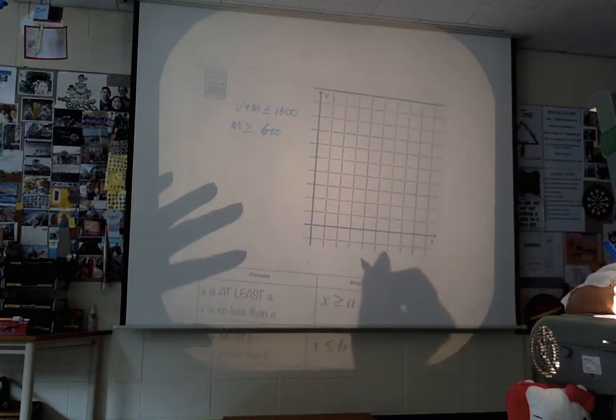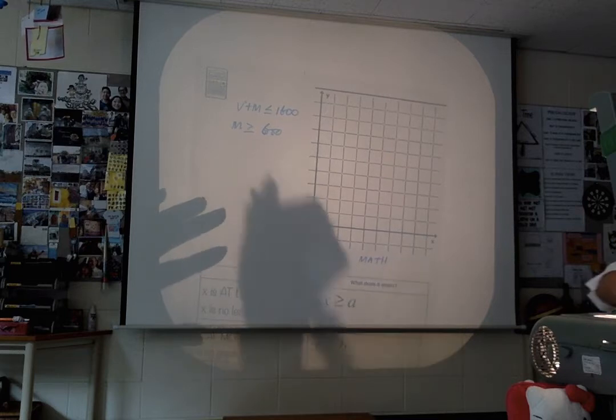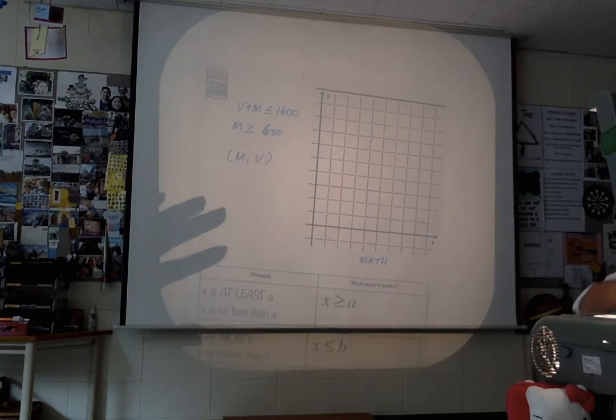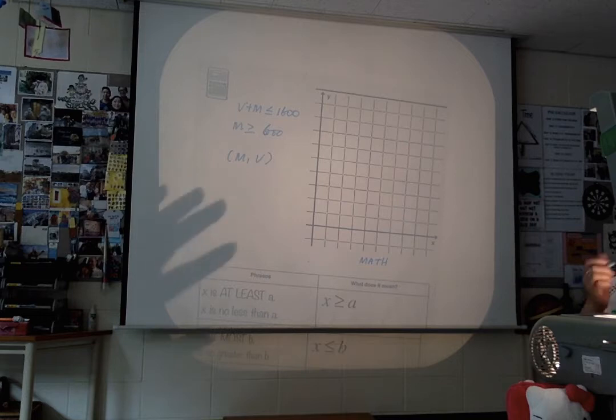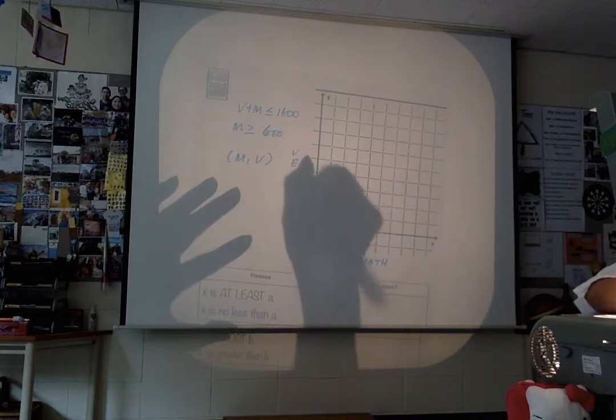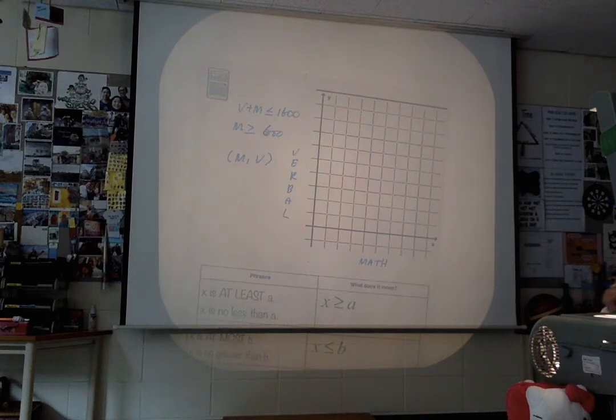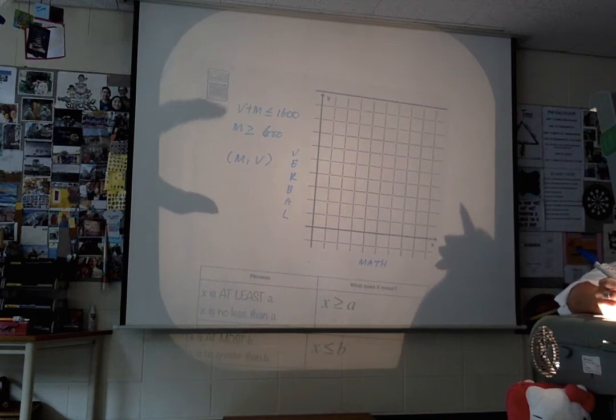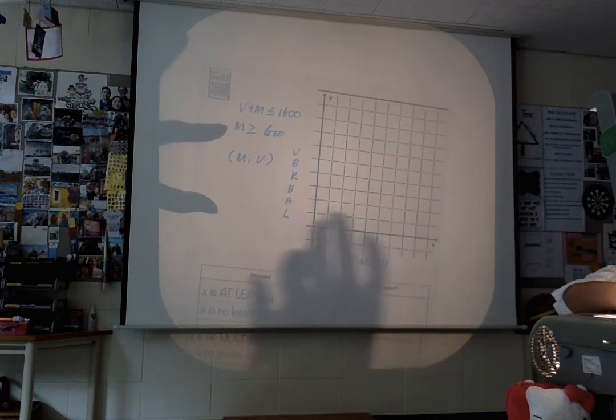So guys, let's have our math score here, because we said it's going to be math and verbal, M, V, alphabetical order. And this is our verbal score. All right, we're good. Let's actually label our axes, okay?